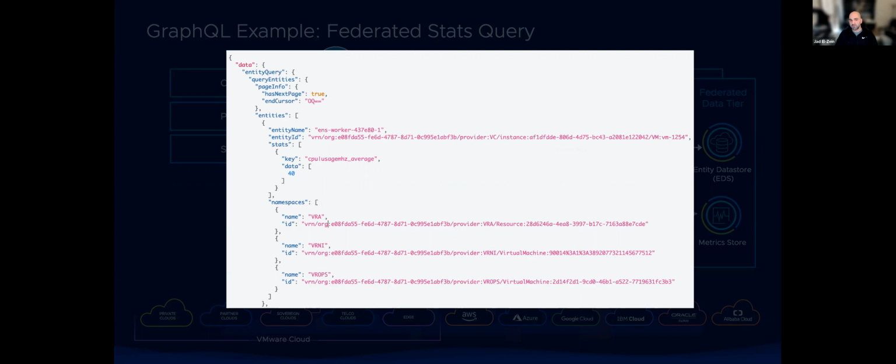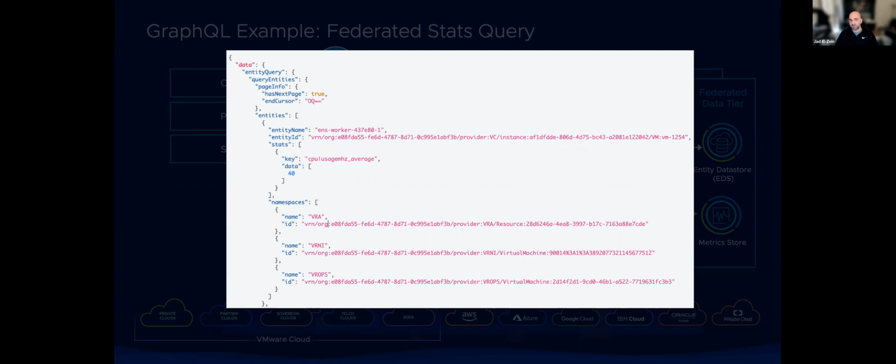And one of the things I could actually call for in my query, which is what this example is, is, hey, in your response, tell me what the individual responder, the data provider, calls this entity. And this is something that we can just print, right? So here's my identifier. Here's what the provider calls it. This is the virtual center, for example, or vCenter.